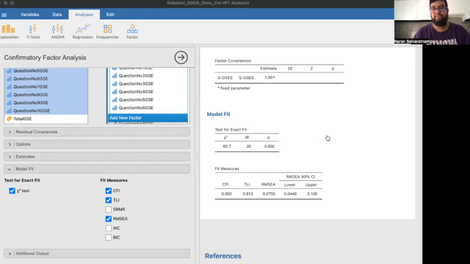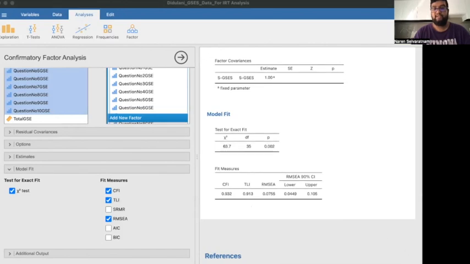TLI is the Tucker-Lewis index. Once again, an NFI of 0.95 indicates the model of interest improves the fit by 95% relative to the null model. Now, a value closer to 0.95 is better here. Mine is 0.913, so I'm going to consider it as okay.